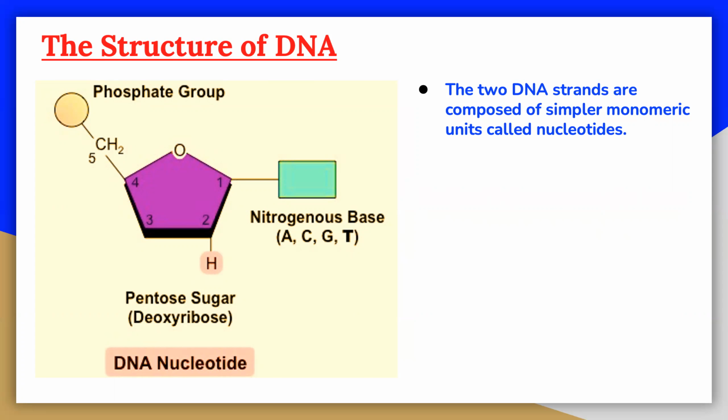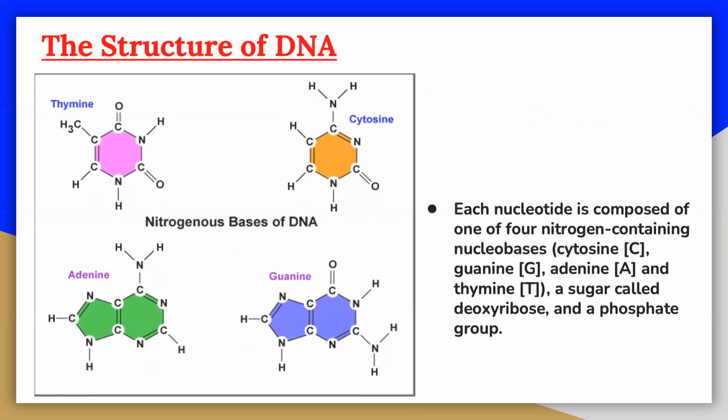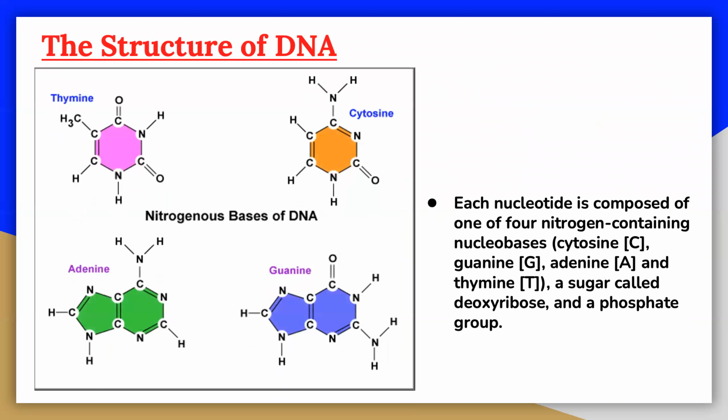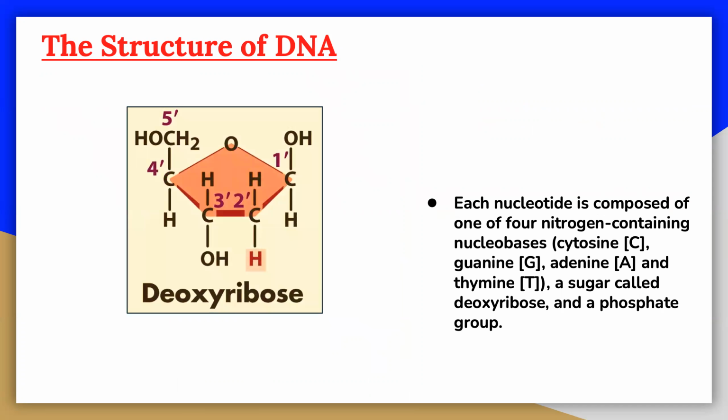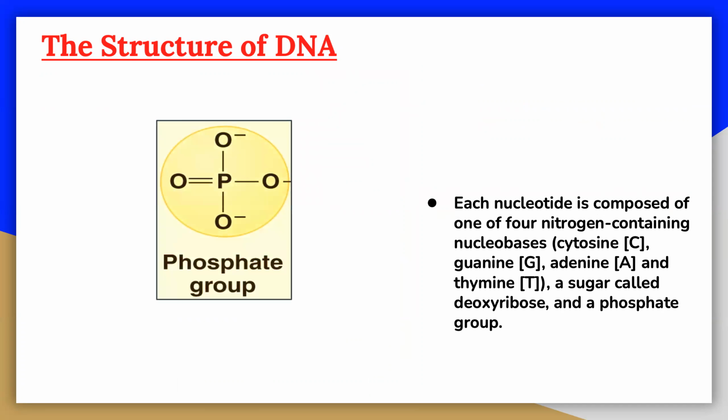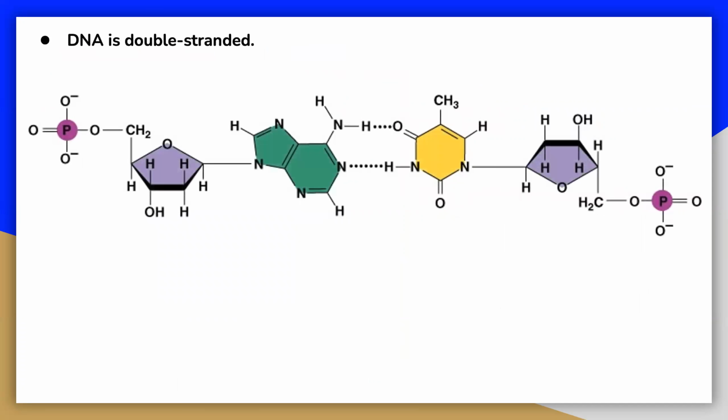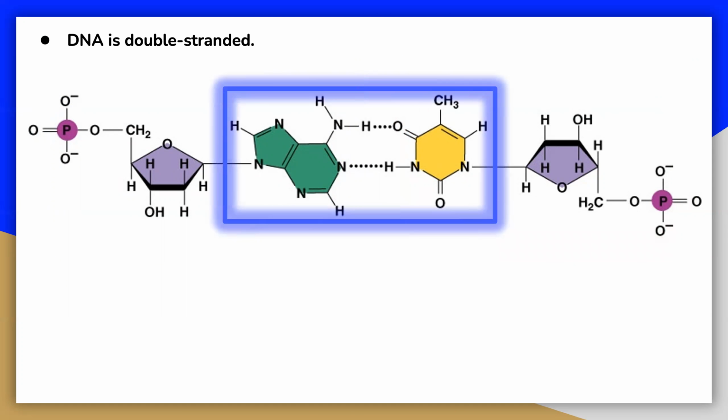Each nucleotide is composed of one of the four nitrogen-containing bases: cytosine, guanine, adenine, and thymine, a sugar called deoxyribose, and a phosphate group. The nucleotides are joined to one another to form a double-stranded molecule by hydrogen bonds between the complementary nitrogen-containing bases, resulting in a double-stranded structure.